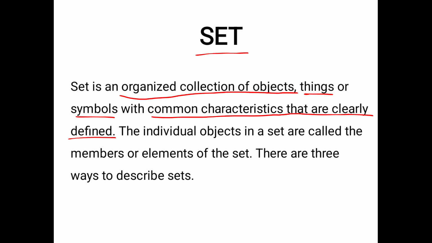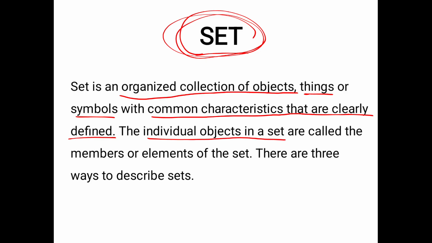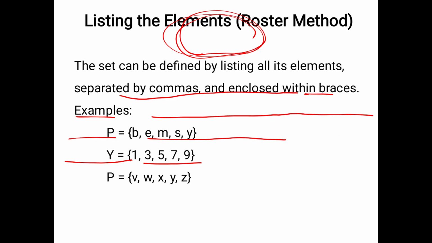So when you say organized collection, it comes from the word set. The individual objects in a set are called members or elements. So there are 3 ways to describe sets.